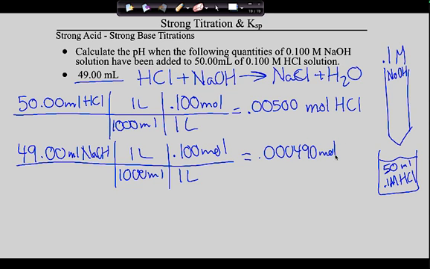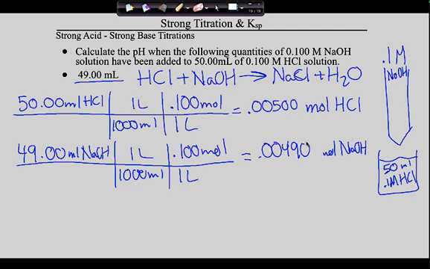Did I do that right? 49 divided by 1,000 times 0.1. Oh, is that too many zeros? It is. Okay, so 0.00490 moles.